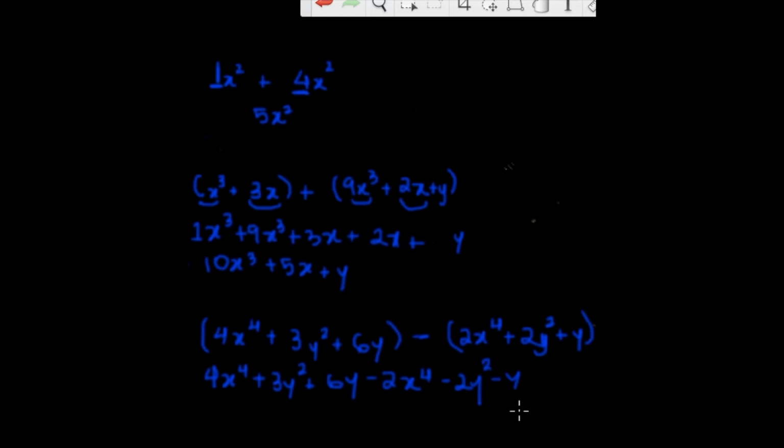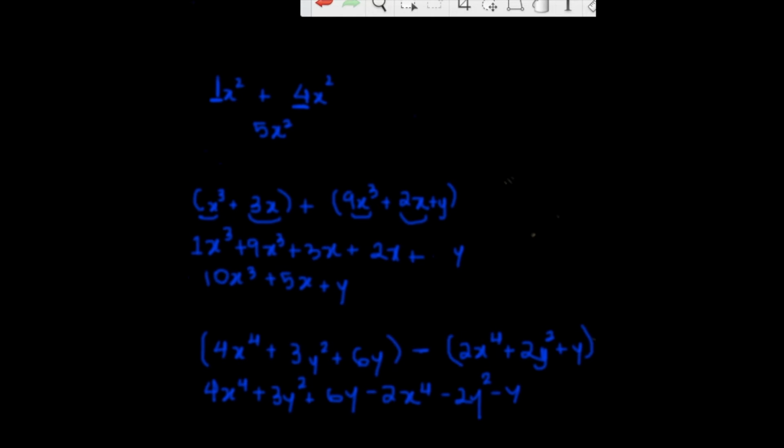Then you need to rearrange all the like terms together. So it would be 4x to the power 4 minus 2x to the power of 4 plus 3y squared minus 2y squared plus 6y minus y.